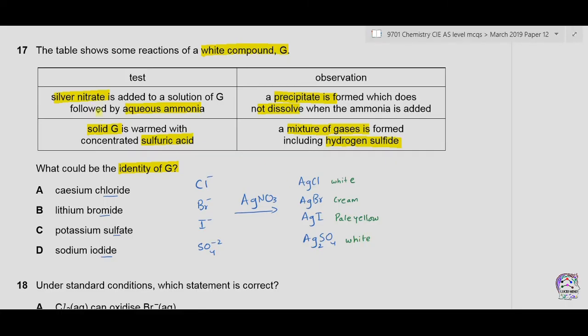For the second part, it says it is followed by aqueous ammonia. So when aqueous ammonia is added, silver chloride dissolves, silver bromide is insoluble, silver iodide is also insoluble, silver sulfate dissolves.